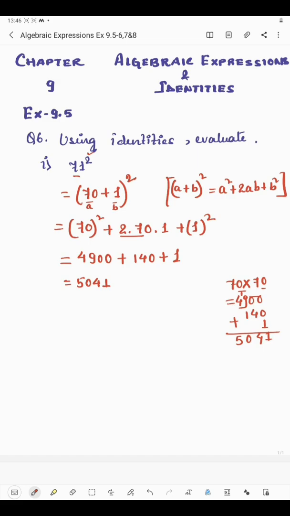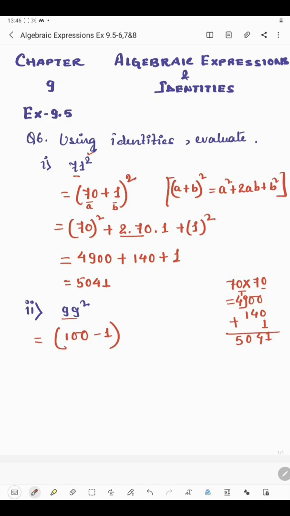Now in the next part we have 99 square. If you break the number, it will be 90 plus 9. But if you write 100 minus 1, that is also 99, right? We try to make the number in the form of 10, 100, 1000 like this because it is easier to solve.